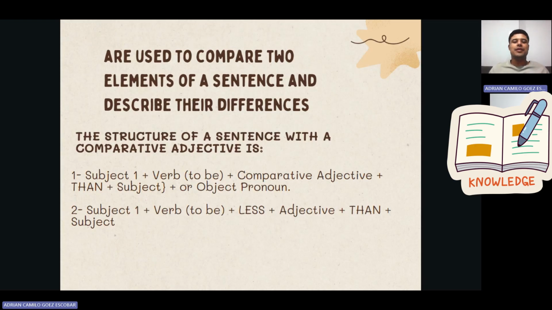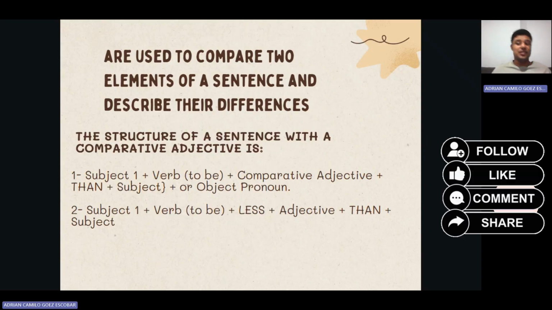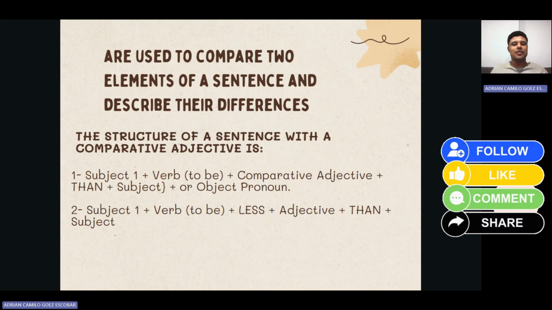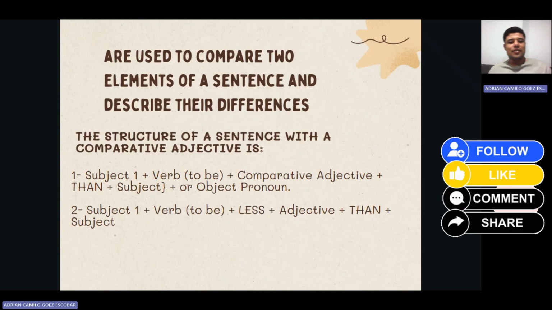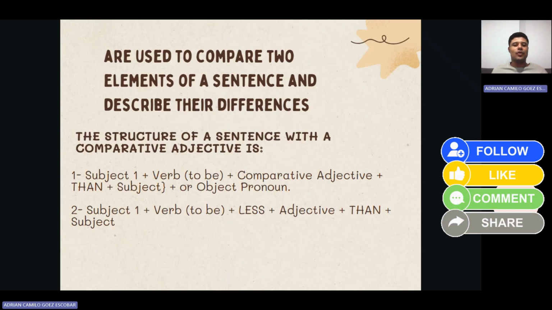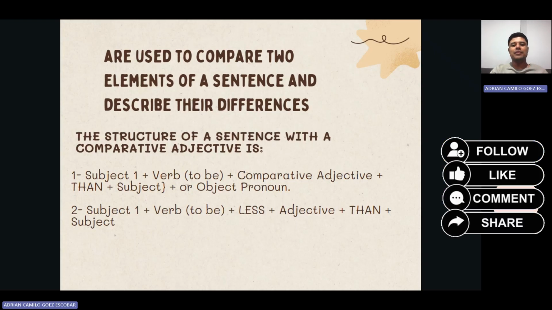When using a personal pronoun as subject two, you can use either the object pronoun, most common in informal speech, or the subject pronoun, more formal, often followed by an auxiliary verb.